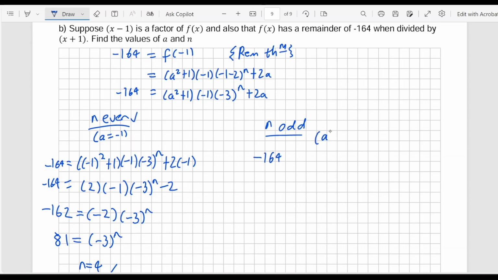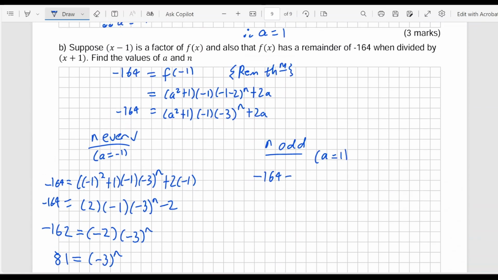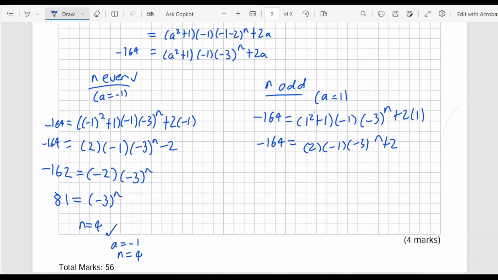So by the way, a has to equal 1 in this case because we showed that up there. Minus 164 gives you 1 squared plus 1. You get minus 1 for the x value. You get minus 3 to the power of n plus 2 lots of 1. And we'll just keep churning through this algebra. So you get 2 with minus 1, minus 3 to the power of n plus 2.